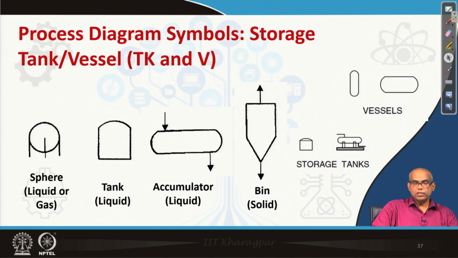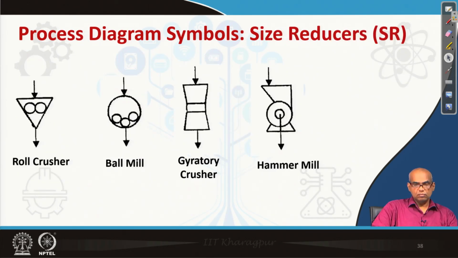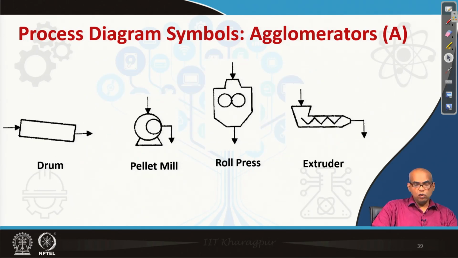Various storage tanks or vessels: sphere, tank, accumulator for liquid, bin for solid. Size reducers such as roll crushers, ball mill, gyratory crusher, hammer mill, etc. Agglomerators: drum agglomerator, pellet mill, roll press, extruder.